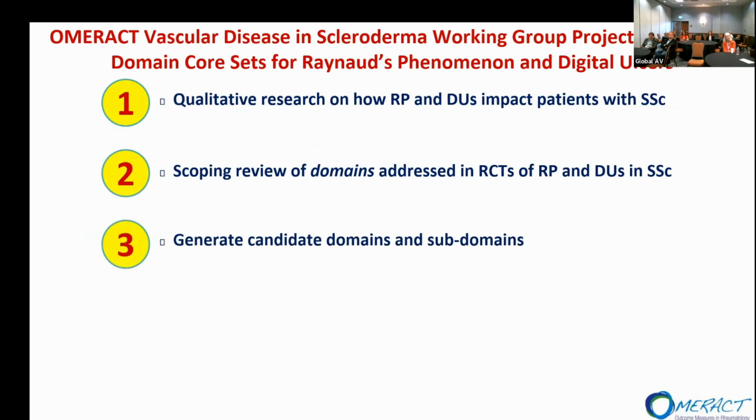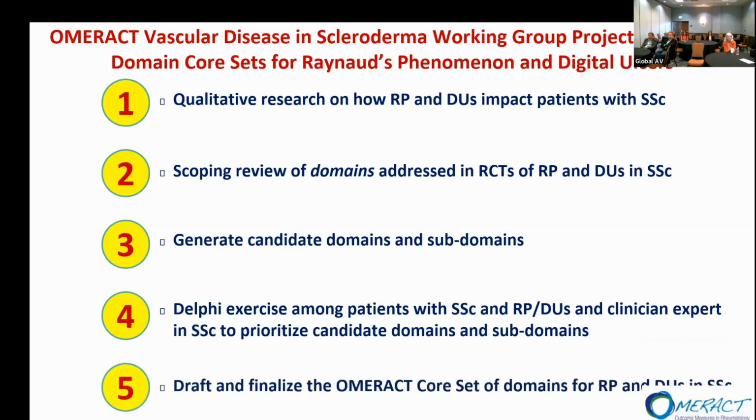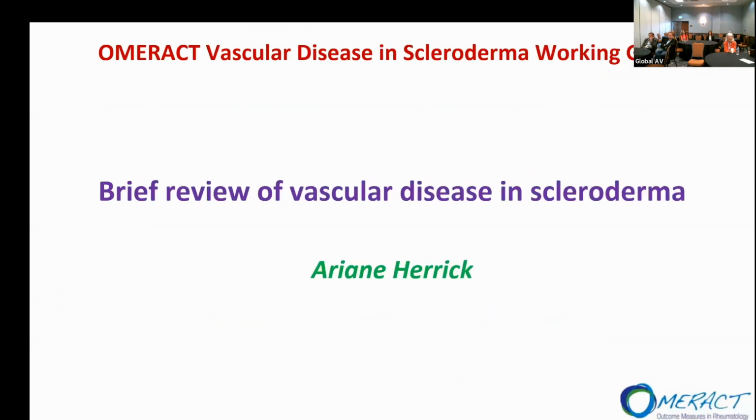We've generated candidate domains and subdomains, which we then put into a Delphi exercise with patients and other stakeholders, and we're going to draft and finalize the OMERACT core set. We have really done almost everything, but we're interested in feedback about how we've done it. We're close to finishing the domains you'll see today.